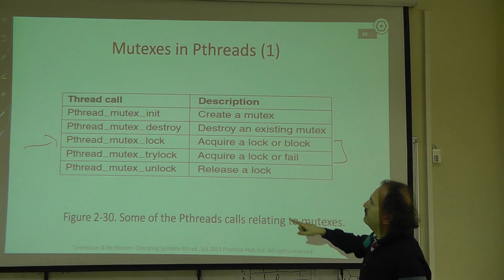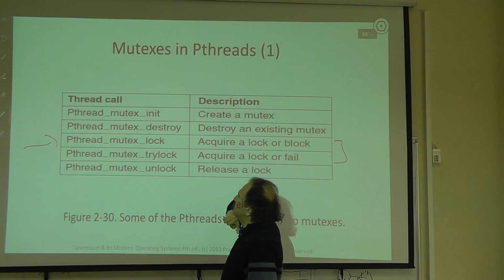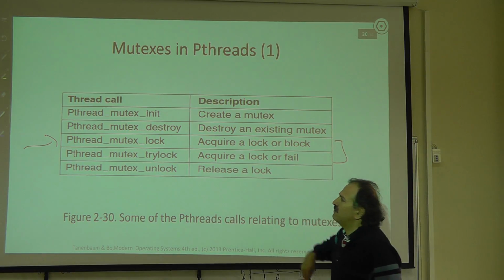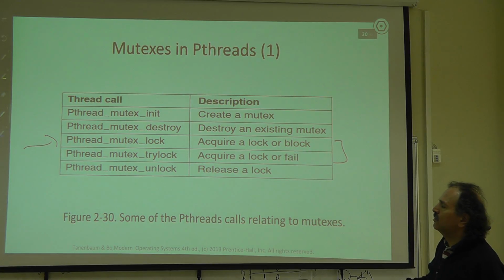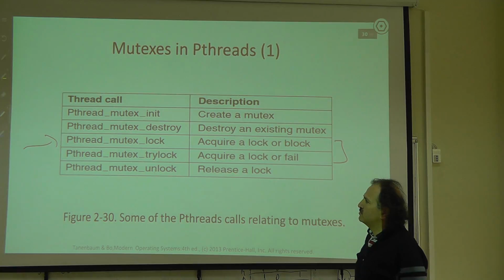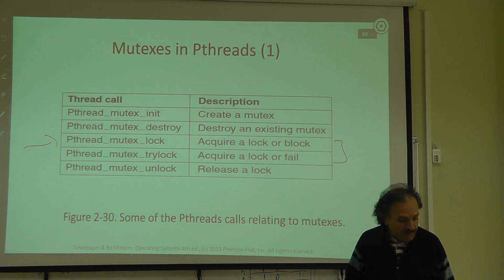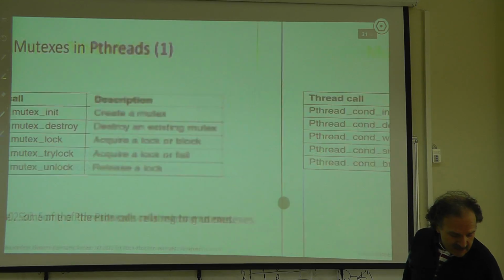Returns a fail means that I couldn't get the lock and I will not block you. So you make your decision. If you are implementing something in the user space, this is a very useful function to call.